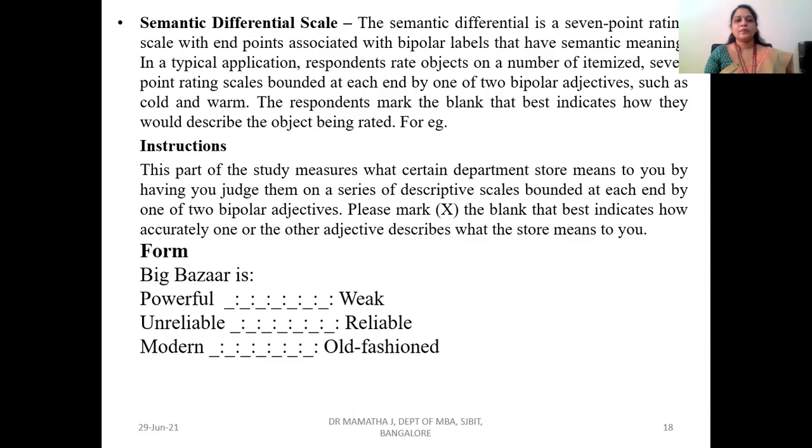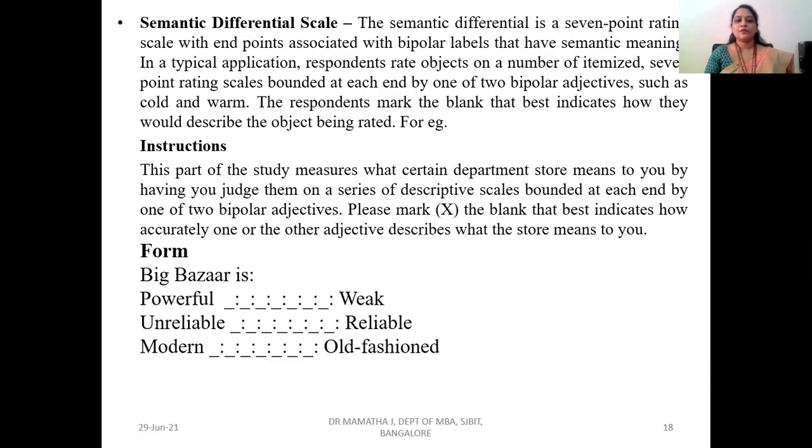Okay, for example, here first you give the instruction to the respondents, like: this part of the study measures what certain departmental stores mean to you by having you judge them on a series of descriptive scales. Please mark X in the blank that best indicates how accurately one or the other adjective describes the store, which means to you. So in the form, for example, if you have taken Big Bazaar as a store which you want to do a study on, you can have a number of items, and for each item you can have two bipolar adjectives, two extreme ends.